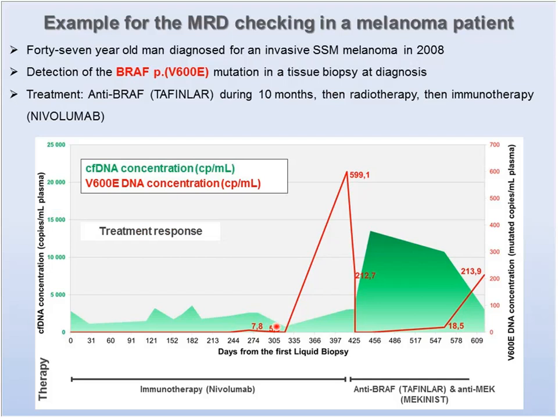Unfortunately, we did not confirm this result due to missing points in the next month. That's why afterwards we observed a strong increase of the mutation in the plasma. This was an argument for clinicians to quickly change the therapy to an anti-BRAF and anti-MEK therapy.